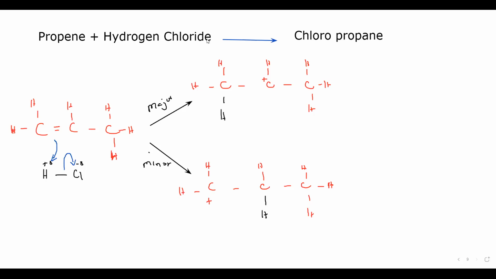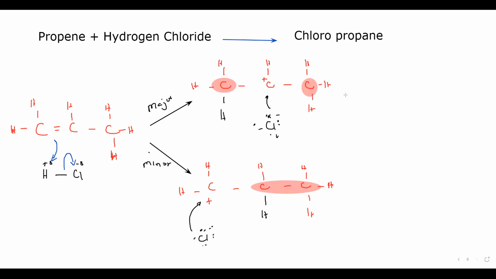When we check, you can see two separate carbon chains are there here, but in the other we have only one chain attached to this carbon. So the carbon cation which is surrounded by more alkyl groups is more stable. And when it is more stable, the chlorine, which is having a negative charge, will try to form a bond.